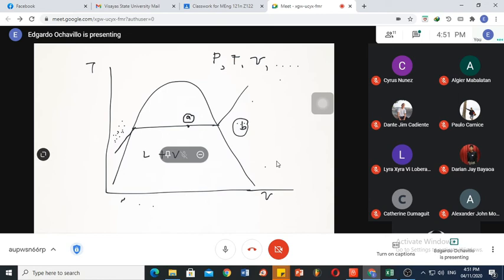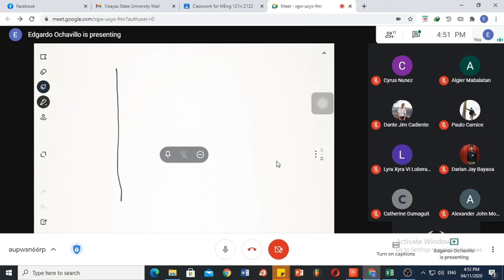Because of that, we have the vapor pressure curve, or the P versus the T here.